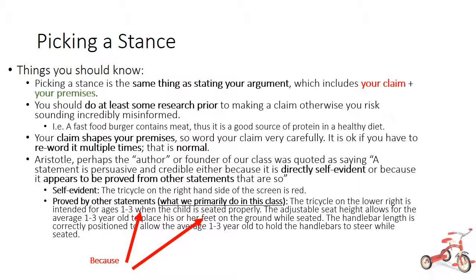For instance, the tricycle on the lower right is intended for ages 1 through 3 when the child's seated properly, because the adjustable seat height allows for the average 1 to 3-year-old to place his or her feet on the ground, because the handlebar length is correctly positioned to allow for the average 1 to 3-year-old to hold the handlebars to steer while seated. Those tell us we have premises and we have a claim. Let's look further.